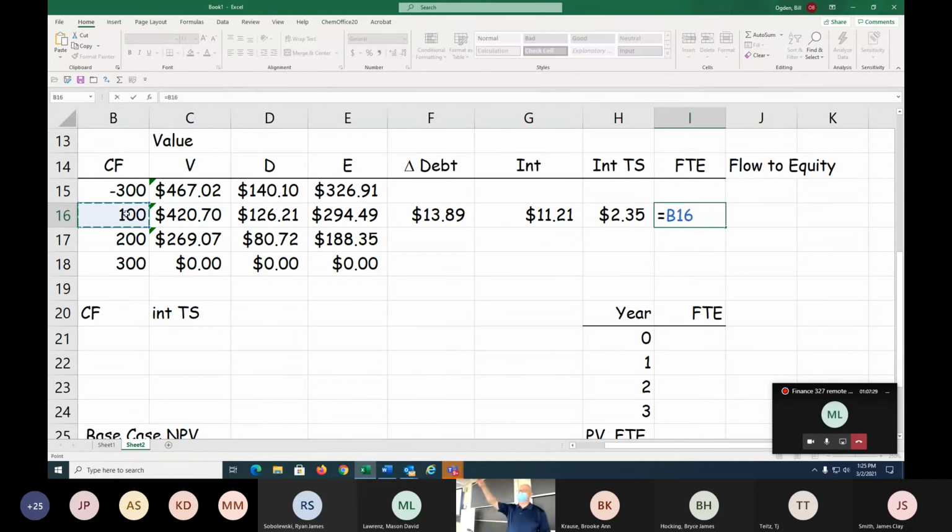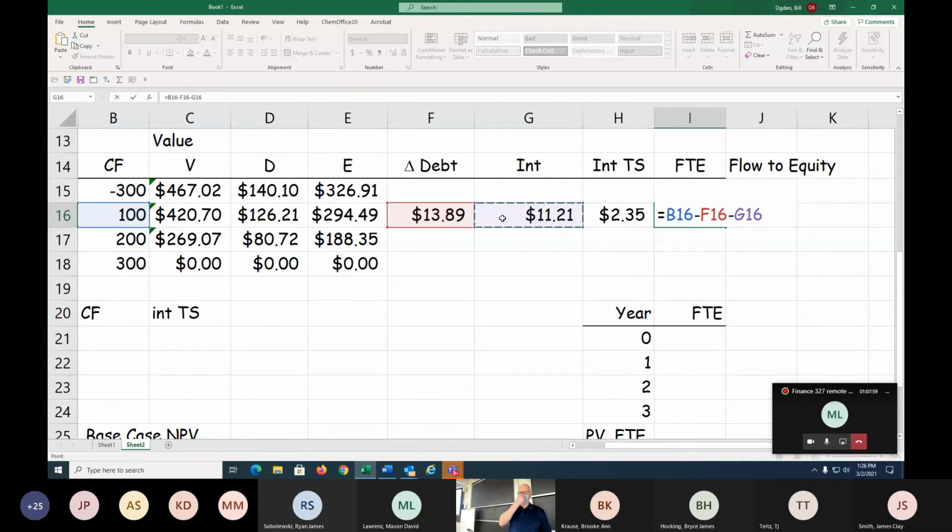Okay, now we're going to start coming down the income statement. What was in there? Well, you had any debt you had to repay. Let's start again. Minus any debt that you had to repay. Minus interest.